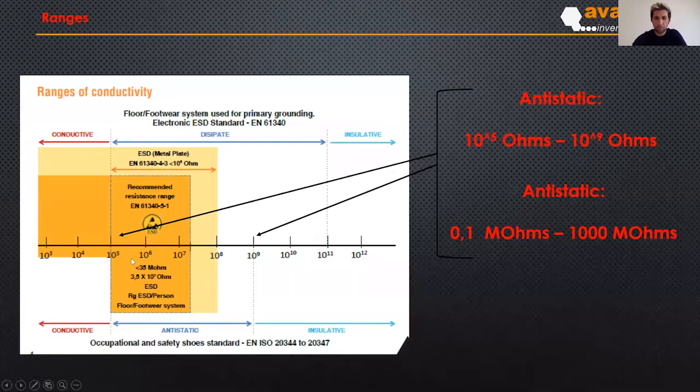For example, the typical range for an ESD system is between 0.1 megaohms and 35 megaohms. There are people that go to 100. There are regulations that can increase this to 100 megaohms, 10 to 8.